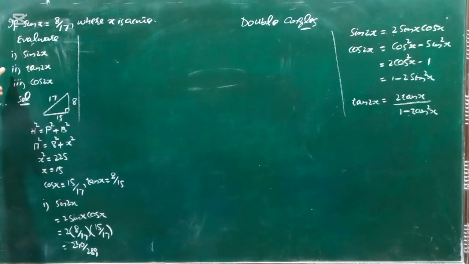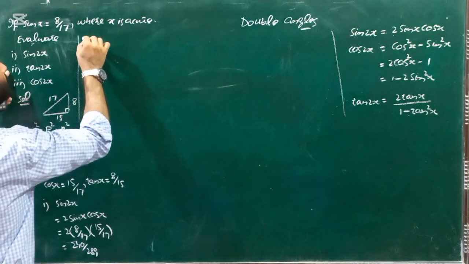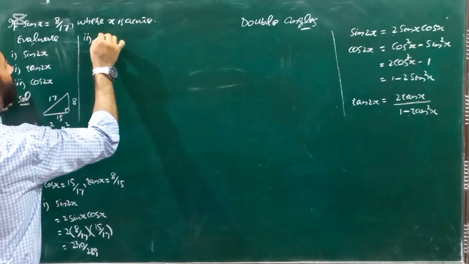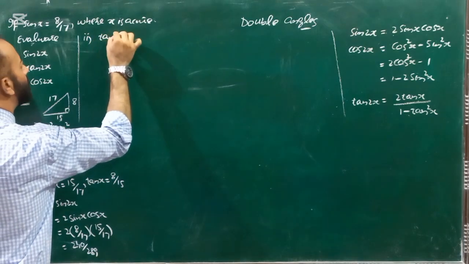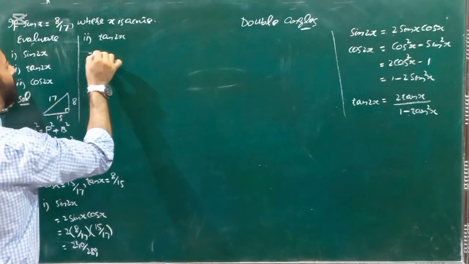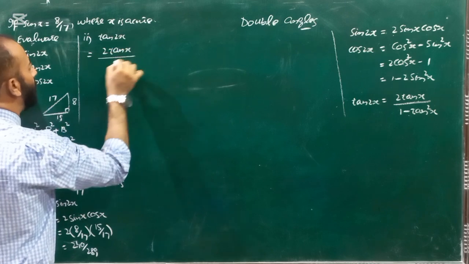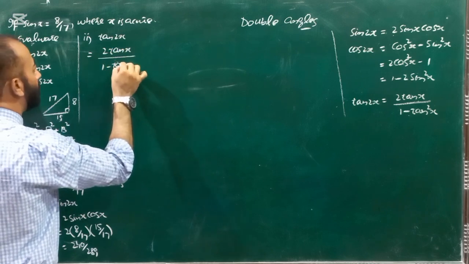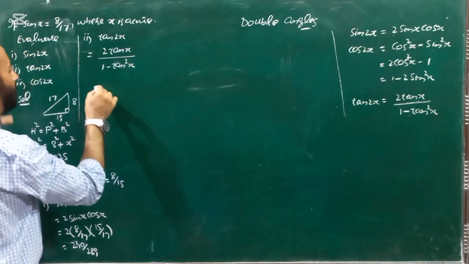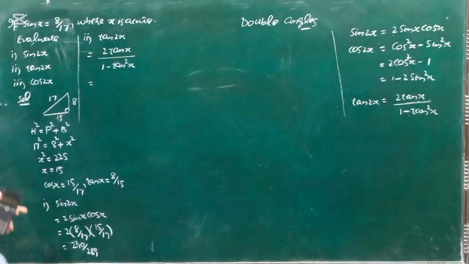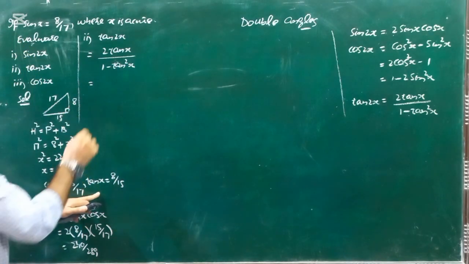So look now, second part is tan 2x. So tan 2x is equal to 2 tan x over 1 minus tan square x. So putting values into the formula, tan x is 8 by 15.